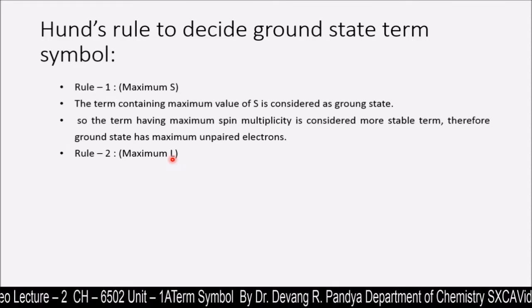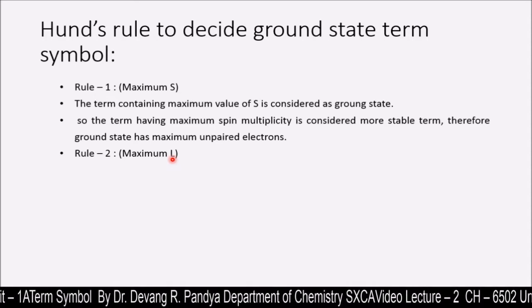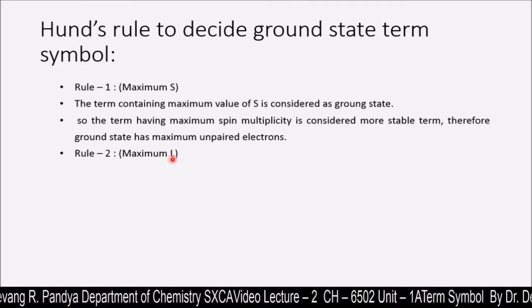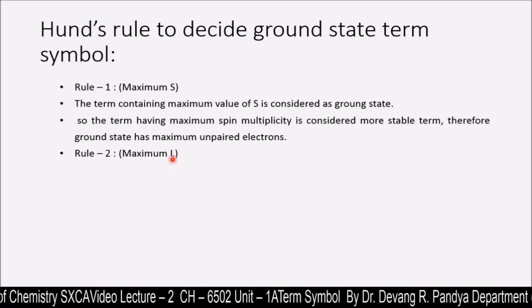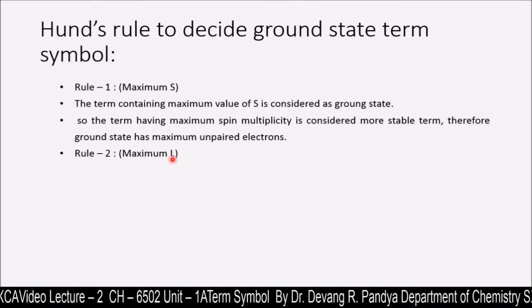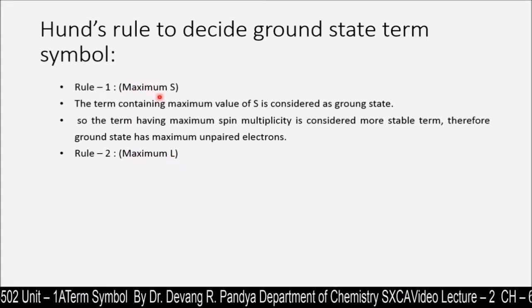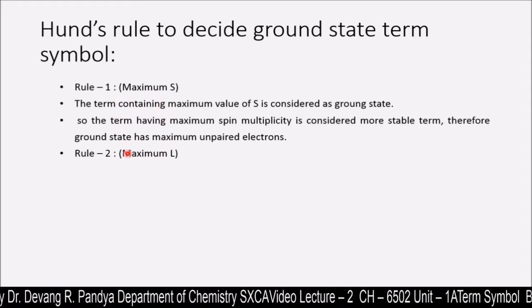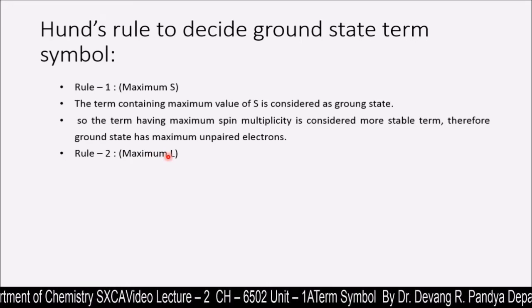The term with the maximum value of L has lower energy and high stability, and a lower value of L has high energy and less stability. So when terms have similar spin multiplicity, we can make use of this second rule, that is, the maximum value of L.